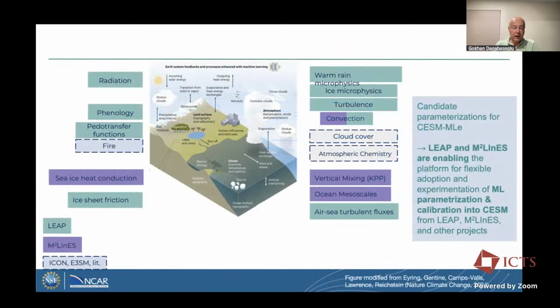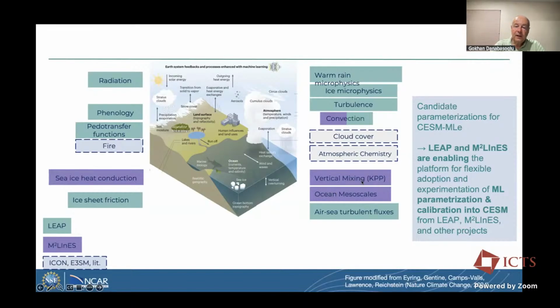So with that, I would like to show this slide again. This is my last slide. As I was mentioning on Monday, there are machine learning efforts within LEAP, within M-squared lines, targeting some of the parameterizations that I talked about just now. For example, the purple ones are targeted by M-squared lines.